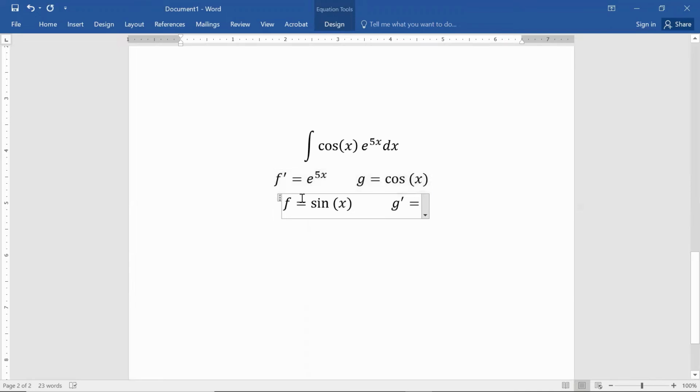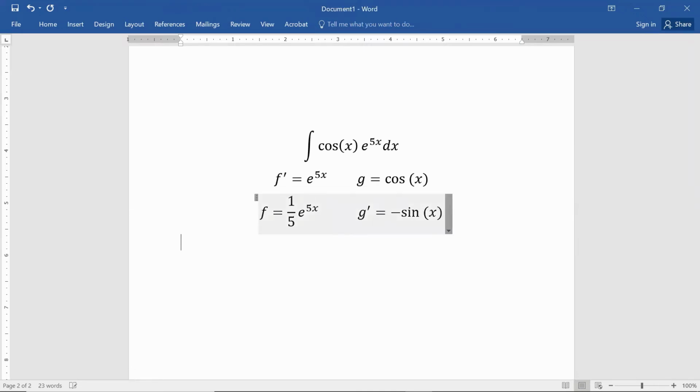Let's go through this very quickly to see what happens. Antiderivative of e to the 5x is 1/5 e to the 5x. G prime, the derivative of cosine of x, is negative sine of x.